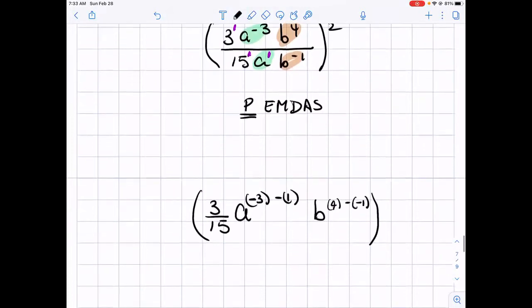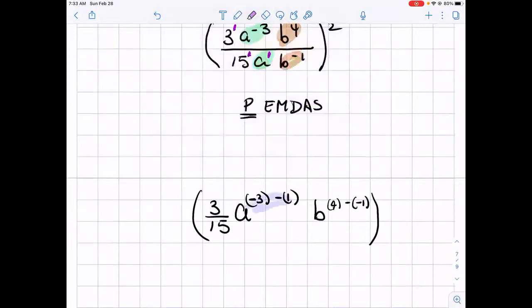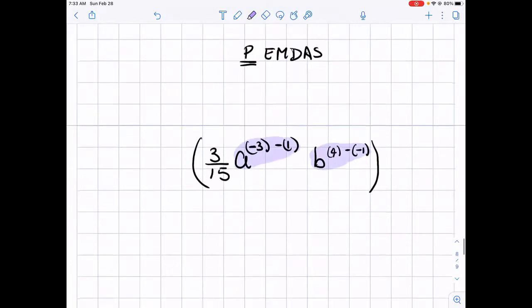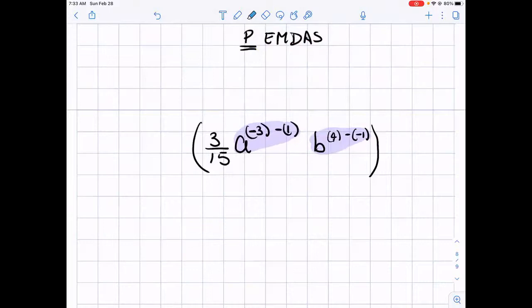Now notice also when you write these, I don't put them in the denominator. I write them as if they were in a numerator. So now I can simplify 3 over 15.